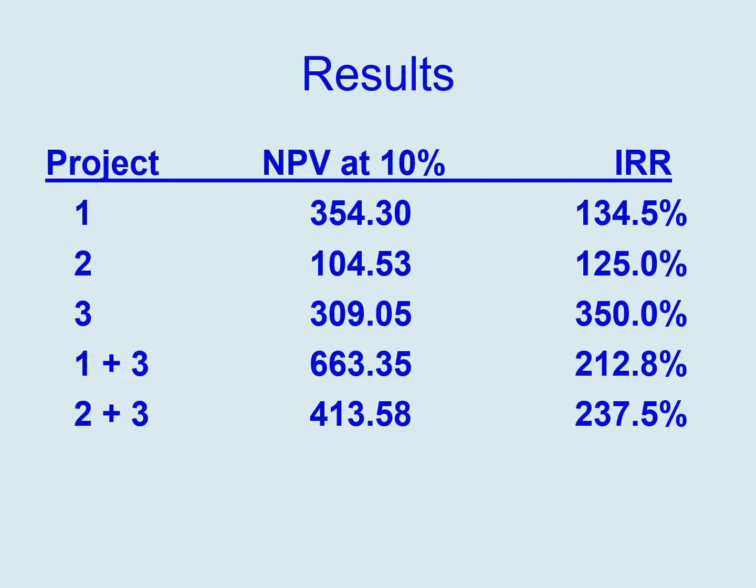Net present values are additive. So if you'll notice, the NPV of projects 1 and 3 together is actually the NPV of project 1 plus the NPV of project 3. Okay, that is not true with IRR. And the reason we get this different ranking is because the reinvestment rate assumption changed, right?